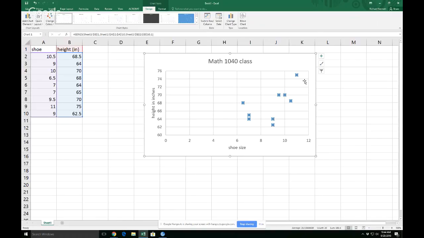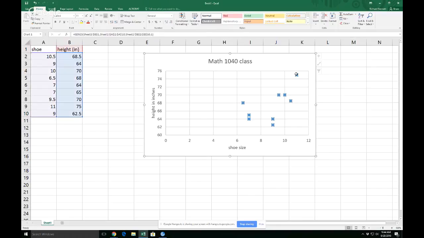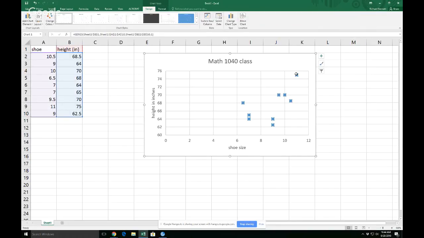I'm going to skip that because I want to get through this, but that might be something to see. If we took Jordan out of here, we might say there's no correlation. Jordan might be the influential observation here, even if he's not an outlier. Check that for outliers.